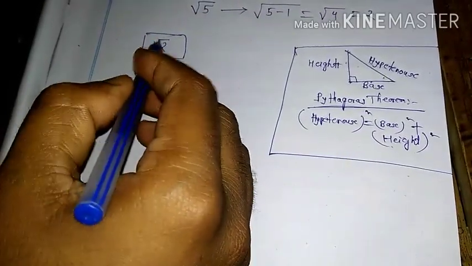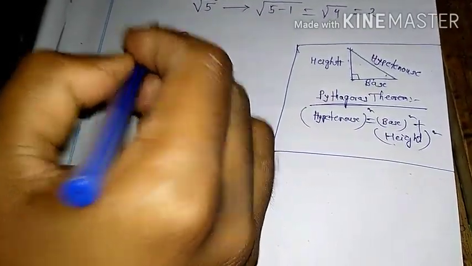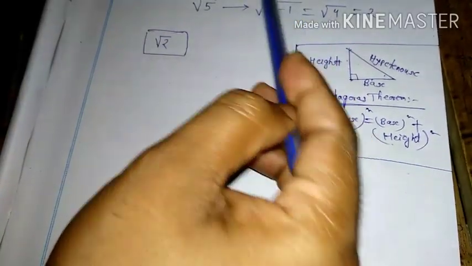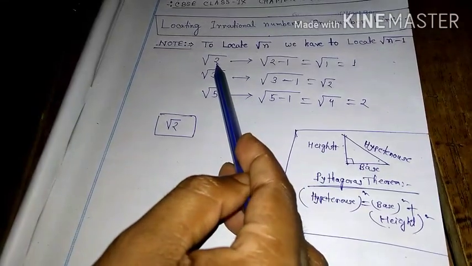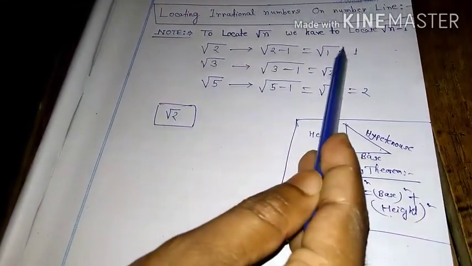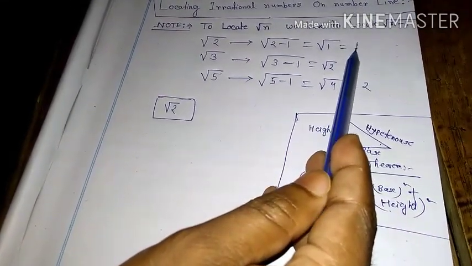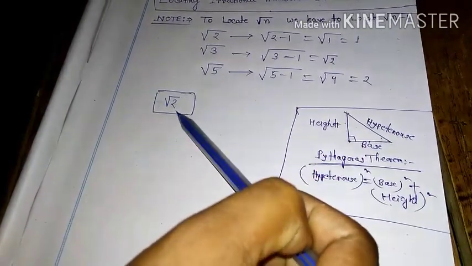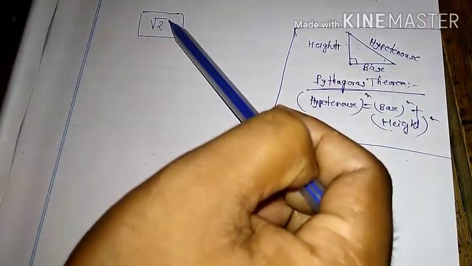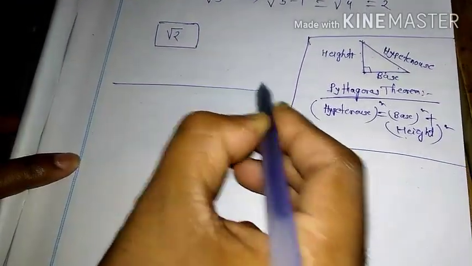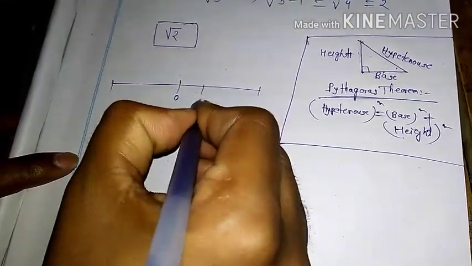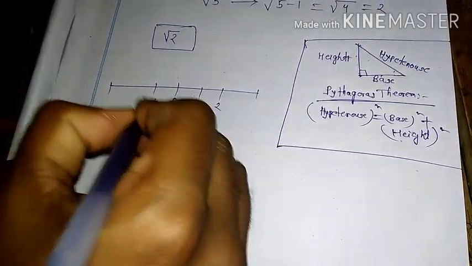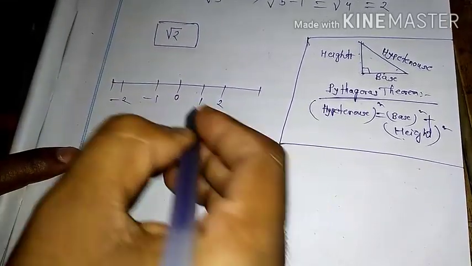If you want to locate root 2, first you have to locate root of 2 minus 1, which is equal to root 1, that means 1. First you have to locate 1, then you can locate root 2. So first locate 1 on the number line. Draw a number line. This is 0, 1, 2, minus 1, minus 2.